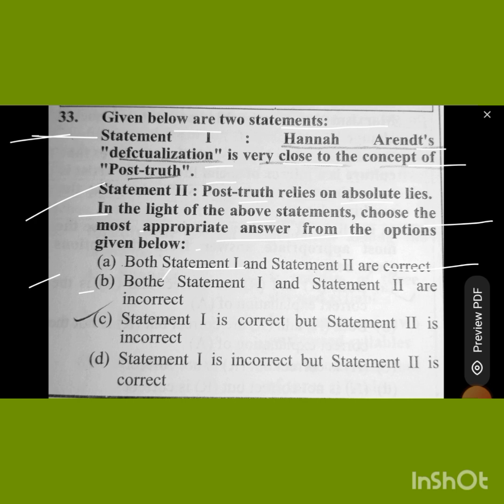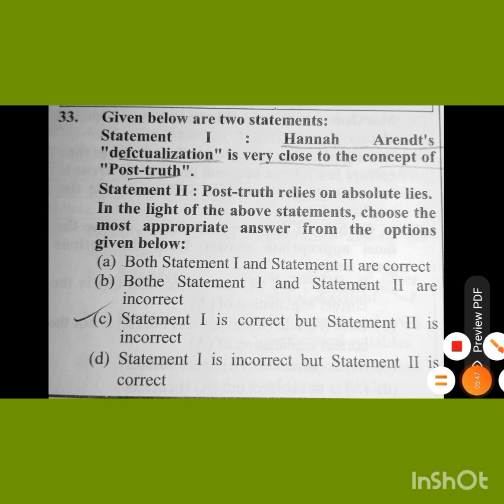Option B: both statement 1 and statement 2 are incorrect. Option C: statement 1 is correct but statement 2 is incorrect. And option D: statement 1 is incorrect but statement 2 is correct. So the answer of this question is going to be option number C, that is, statement 1 is correct but statement 2 is incorrect.